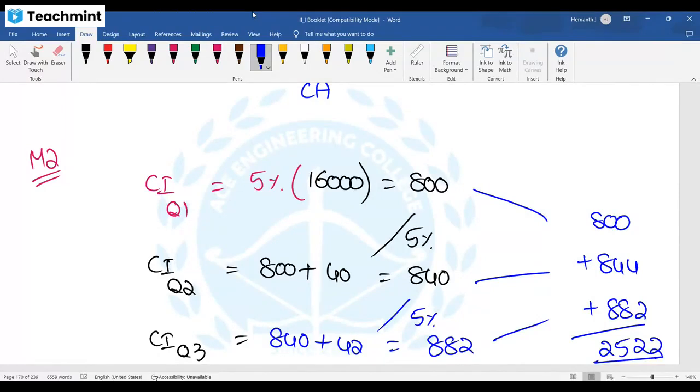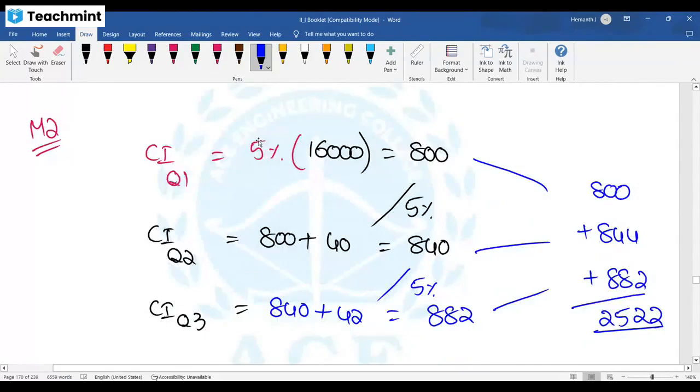How? No, 840. Previous one, not 800. 840 plus 42. You need to add the previous interest, not 800 plus 42. This is 840 only. Previous one plus 5% of that.